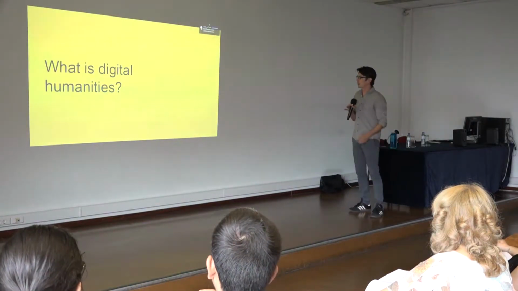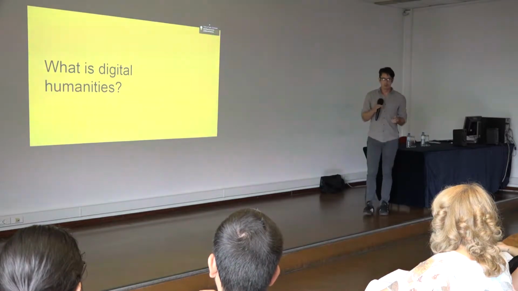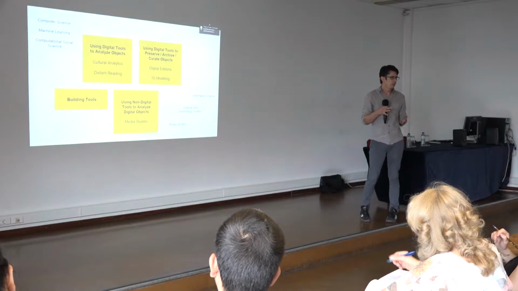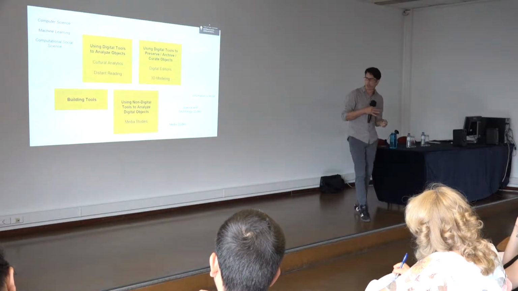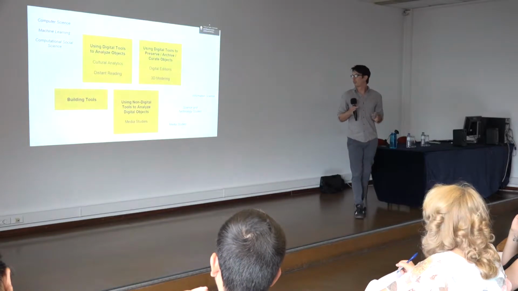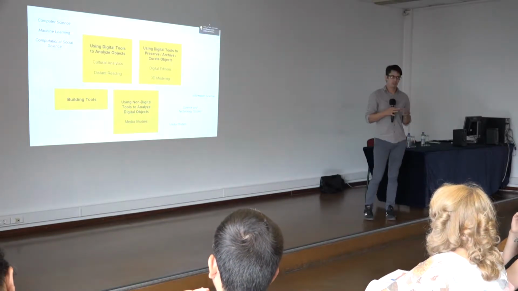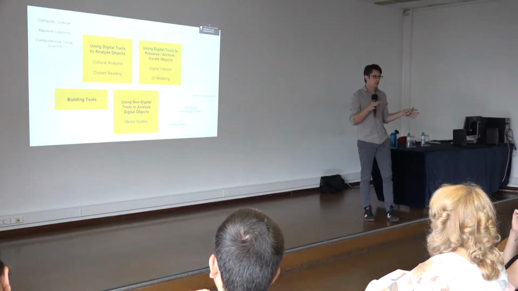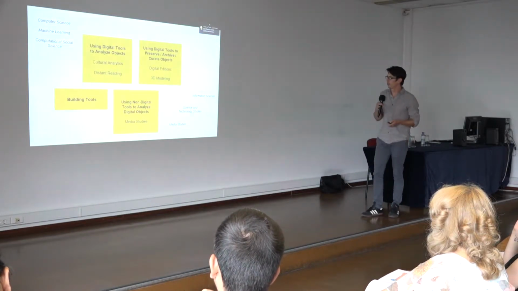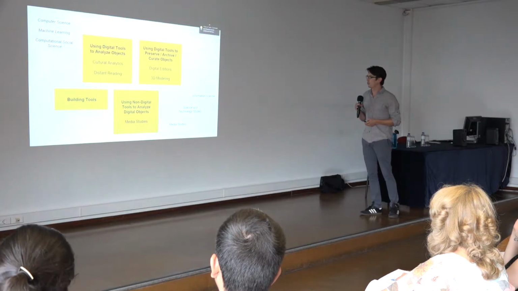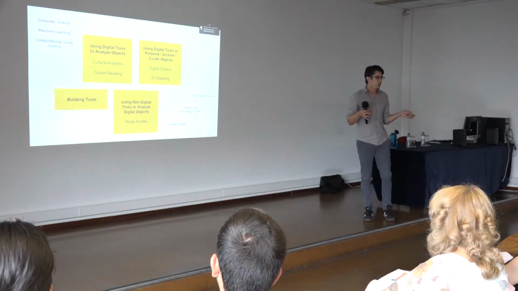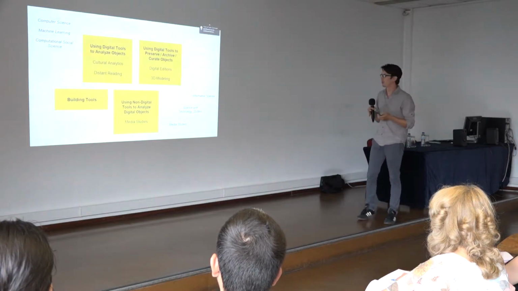Okay, so a brief overview of digital humanities, and this is just my perspective, my map of the digital humanities. One of the things that I'm going to be emphasizing today is that there are a lot of activities inside this phrase, digital humanities. One thing that people do and call digital humanities is use digital tools to analyze the same objects that humanities scholars look at other times.